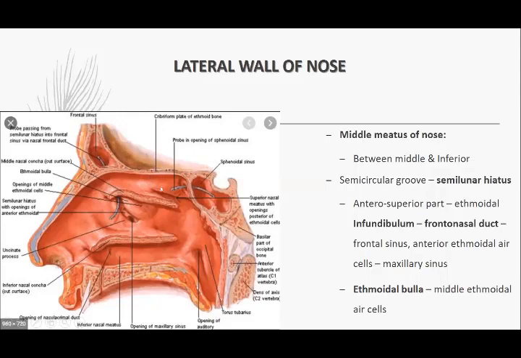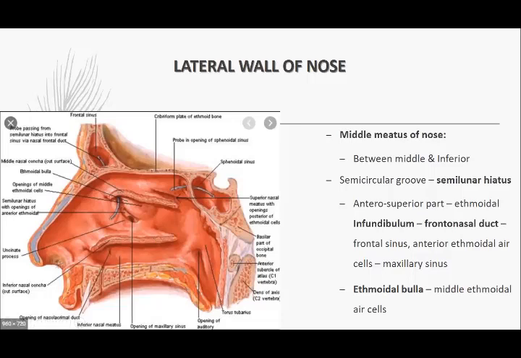Okay, this is the superior concha, and this part that has been cut, this is the middle concha. This cut part is the inferior concha. The superior, middle, and inferior concha.